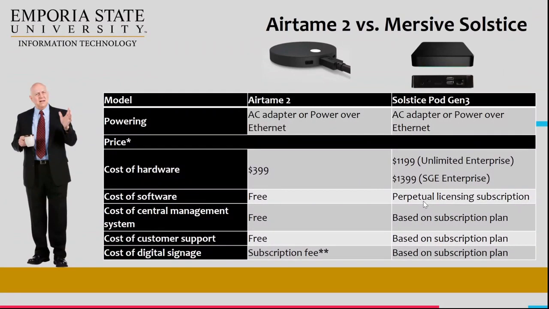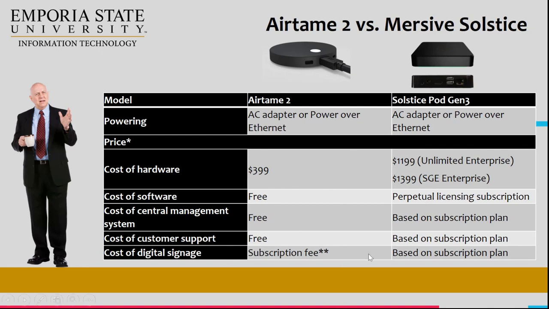Here you'll see some of the similar cost comparisons with the price per unit and the software updates, remote central management of the devices, and tech support. Again, the Solstice uses a subscription plan. The price per unit there is listed for a couple of different versions that they offer versus the Airtame.